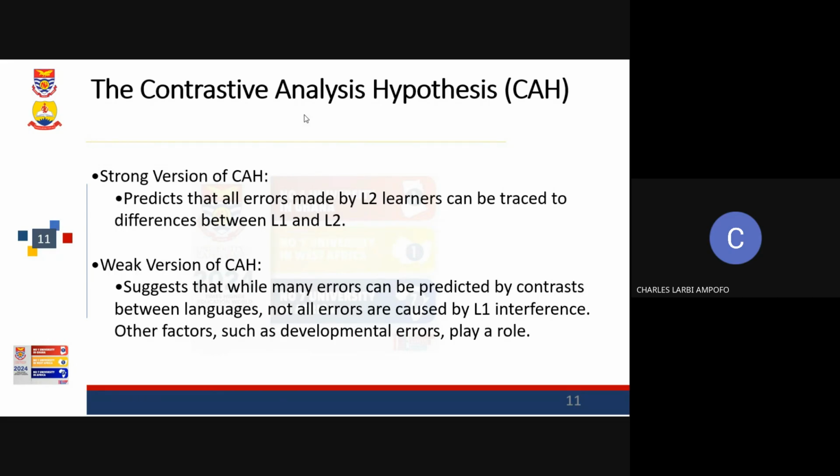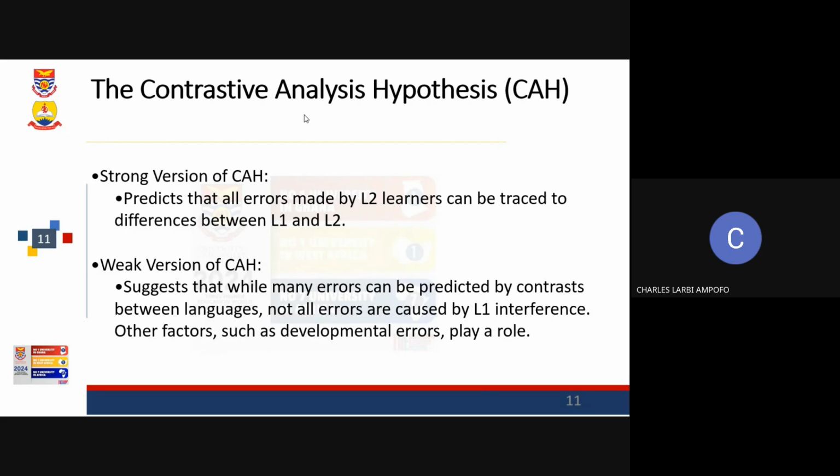So every error they make is because of influence from their what? L1. And note that we said earlier that if the person transfers positive forms, then it makes learning easy. If the person transfers negative forms from his L1, then it makes learning of the second language more difficult.